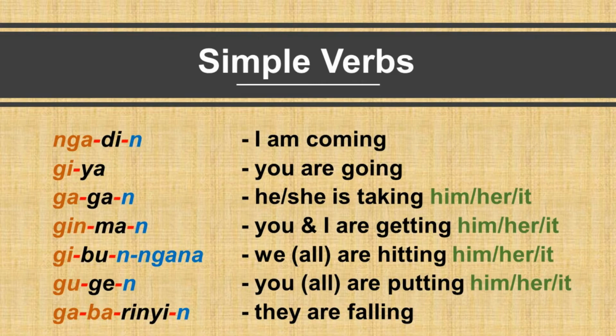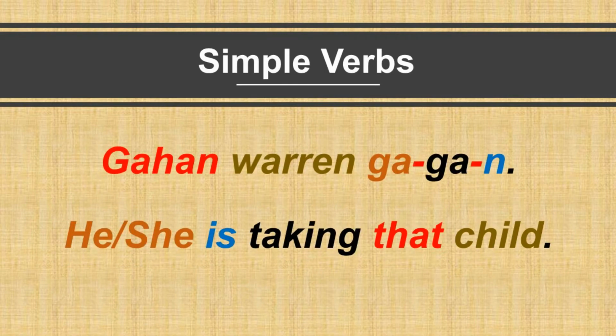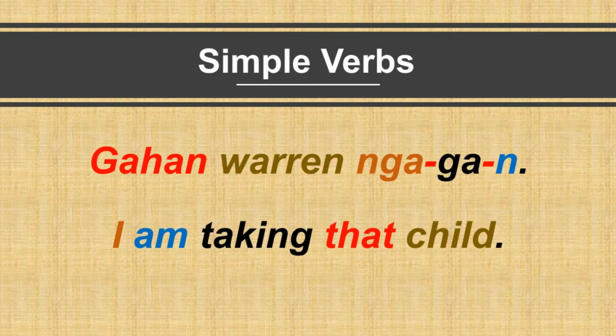Okay, and again we want to look at some examples. So we use the same examples from before, so it's a lot easier for you to compare, because we just want to focus on the verb forms here. He or she is taking that child, in the present tense now, is 𝗟𝗏 𝗟𝗏. I am taking that child is 𝗟𝗏 𝗟𝗏.